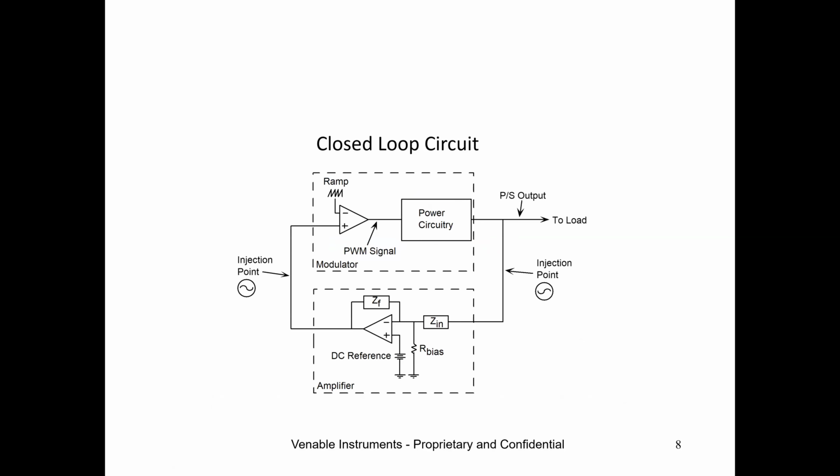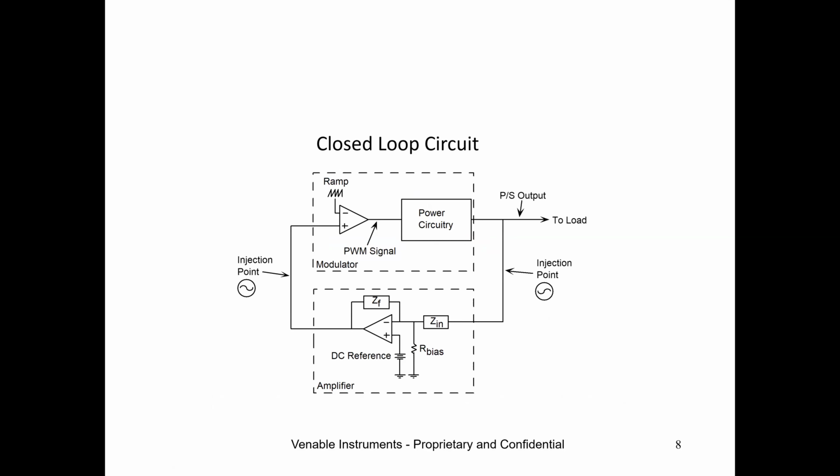And this is basically a typical block diagram of a DC-DC power supply. Typically, almost everybody selects an injection point between the resistor voltage divider and the output of the power supply.